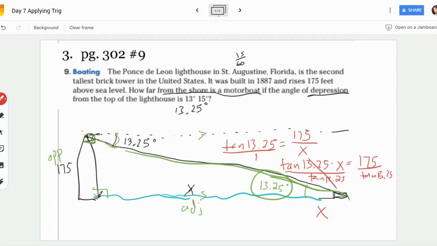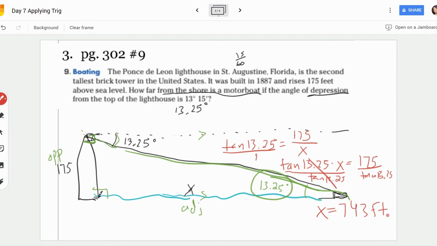So x, the distance from the motorboat to the shore in which the lighthouse resides, is 175 divided by tangent of 13.25. Based on the angle of depression, we get 743 feet.